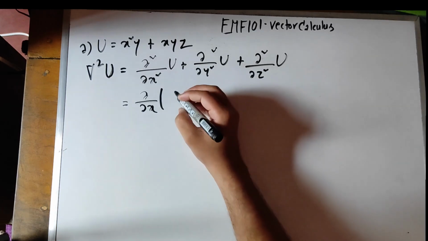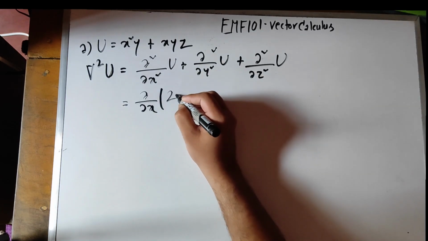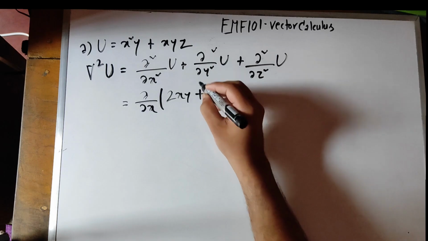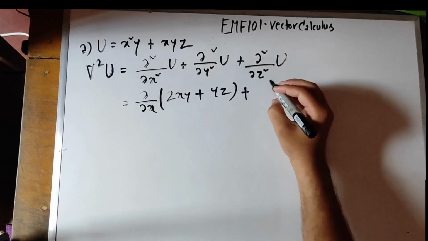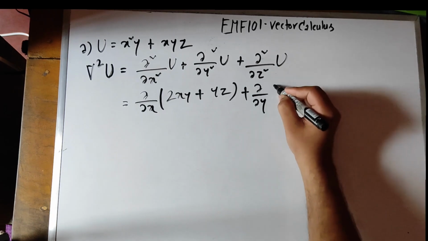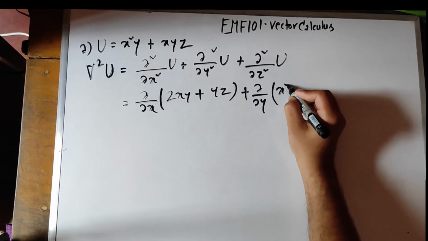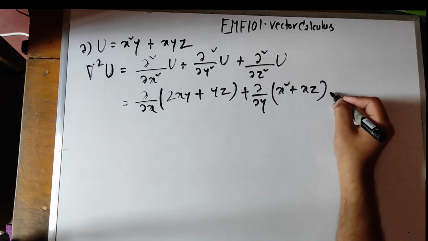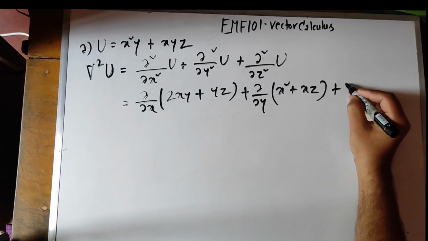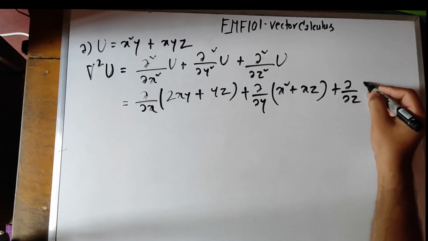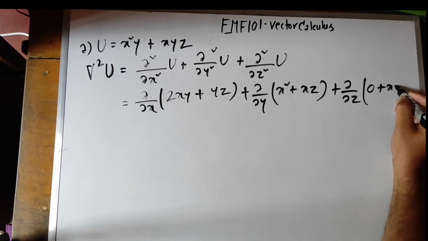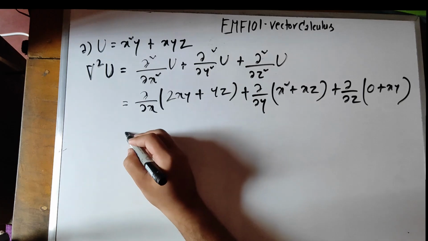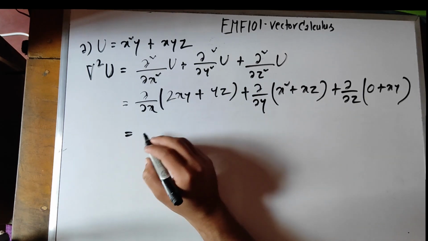Now in terms of x it is 2xy plus yz, plus in terms of y is x square plus xz, plus in terms of z, here 0 plus xy. Now again the partial differentiation.